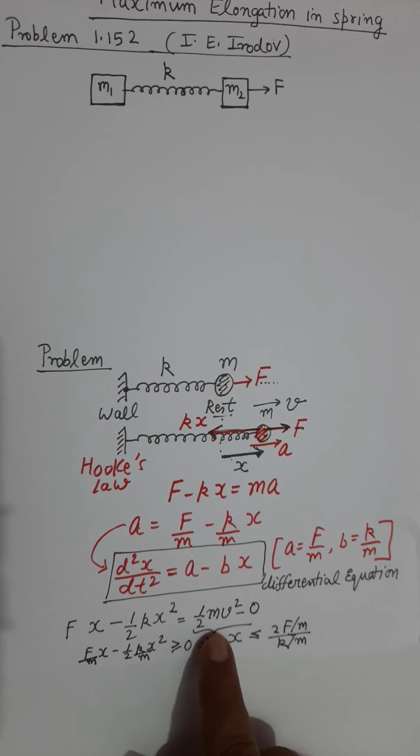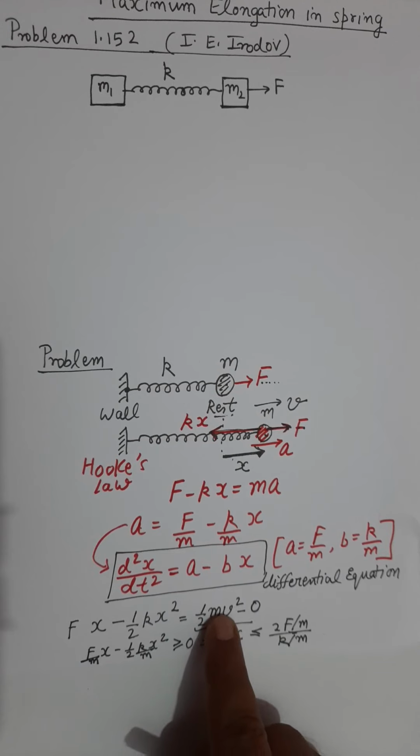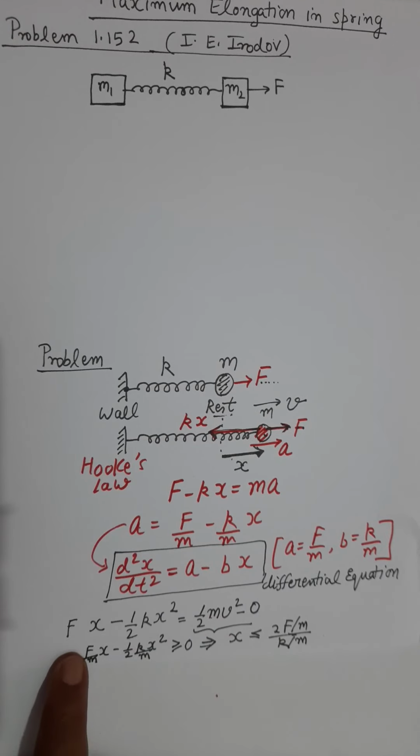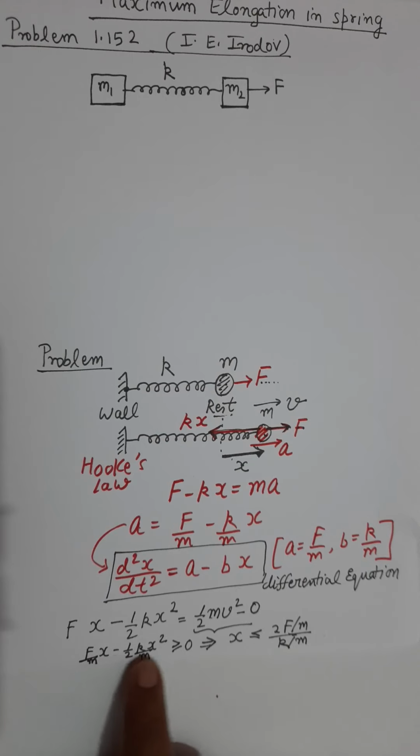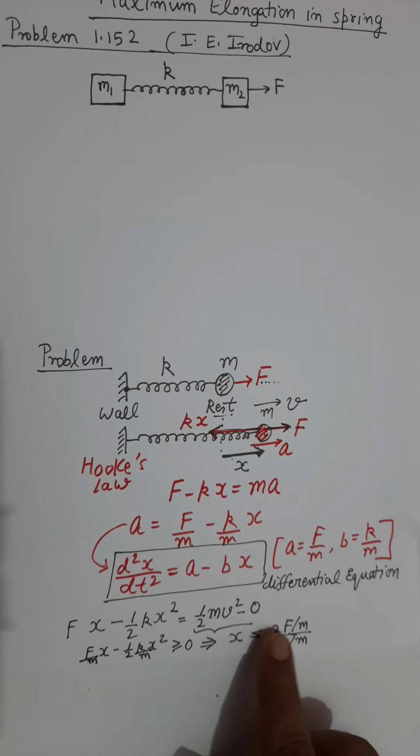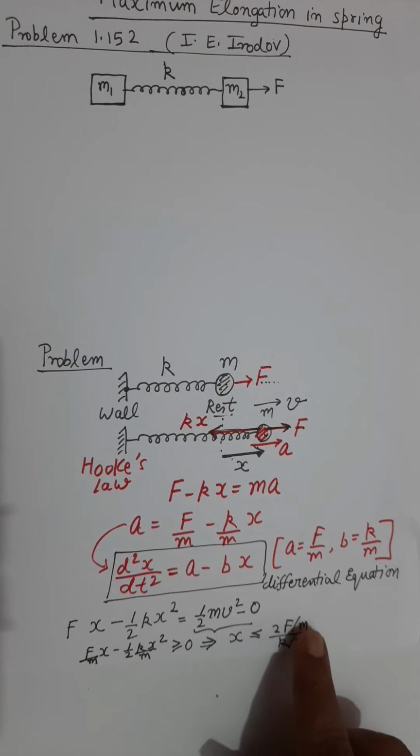You should not skip this statement. You bring down this mass m to the left side, you will get f upon m, k upon m. You will take x, factorize the left side equation, and then using proper mathematics, you will know that x is less than or equal to 2f by m upon k by m.